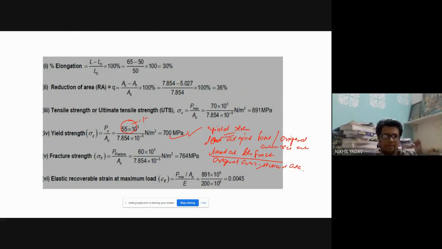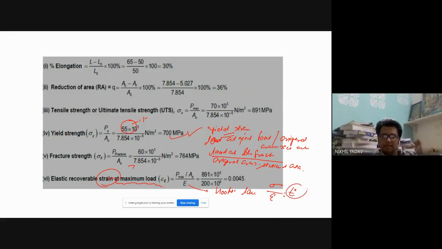Now, elastic recoverable strain at the maximum load. See, elastic recoverable strain: here we apply Hooke's law, where stress upon strain is equal to E, right?